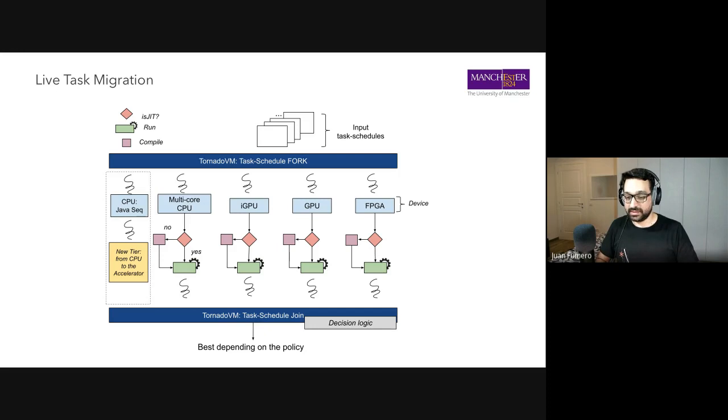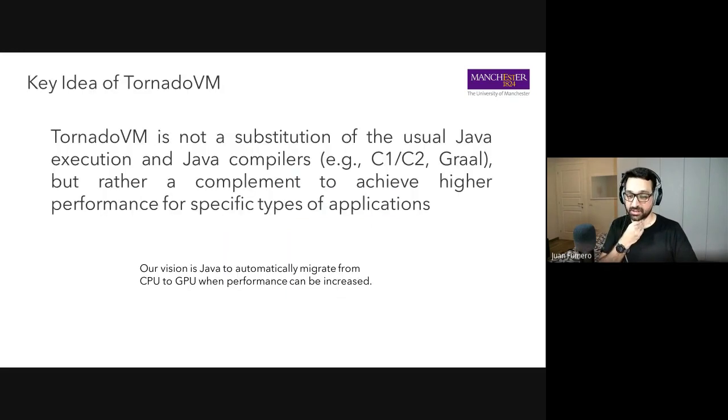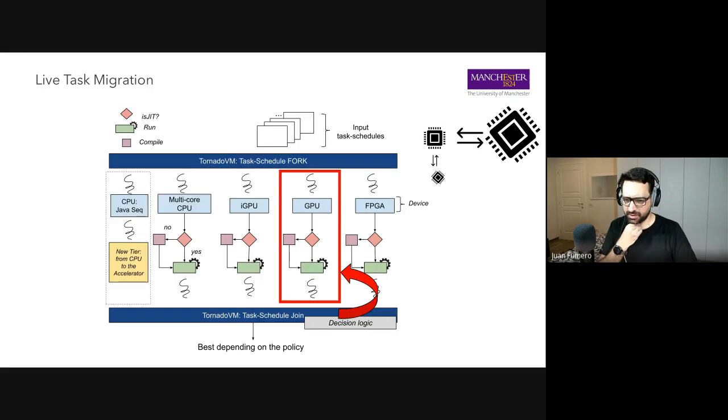Only when TornadoVM detects that you might run faster on this GPU, let's say, does the TornadoVM runtime switch context to that GPU and continue the execution. If you are interested, we have a paper on this topic. I thought I put it here. Well, ping me if you want that paper. I can send you the details.